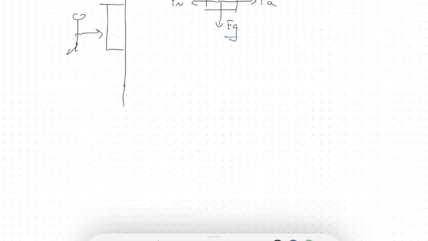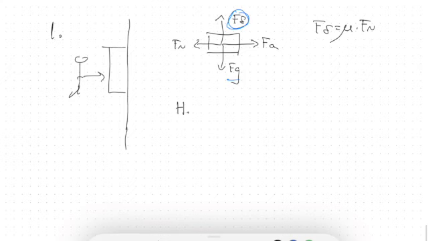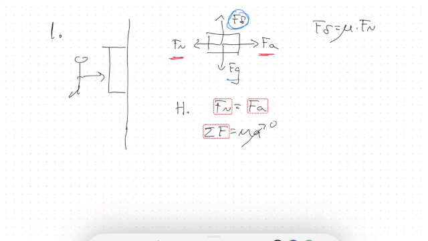So we want to do a horizontal one. Horizontally, we have a force of normal and a force applied. What we get is force of normal equals force of applied. How do we get that? Sigma F equals ma, and acceleration is 0.